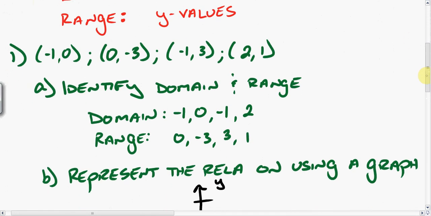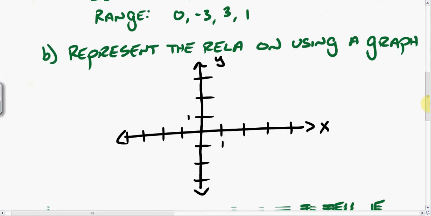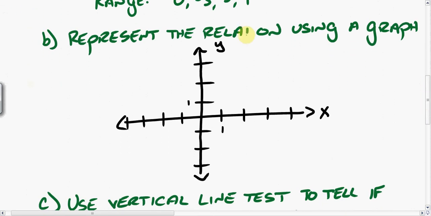Once you've done that, the next part of the problem tells us to represent the relation using a graph. So I've got the graph provided here. Basically the relation is the set of ordered pairs that you're given. So I will write that here.